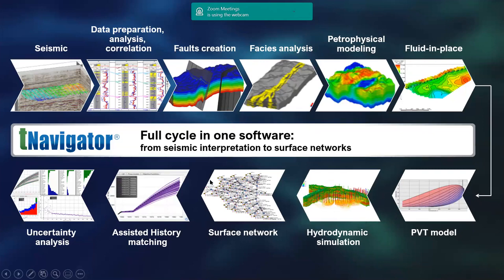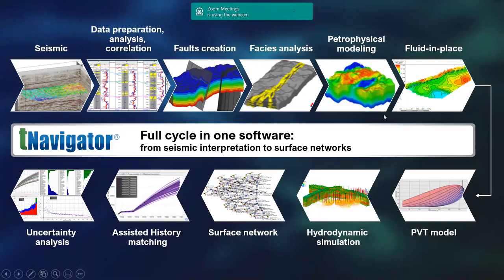And then you can integrate that with your surface network system and perform the full simulation from subsurface to surface. You can also perform, as I said, history matching or uncertainty analysis or production optimization. So tNavigator is a single executable that allows you to do all of these things.